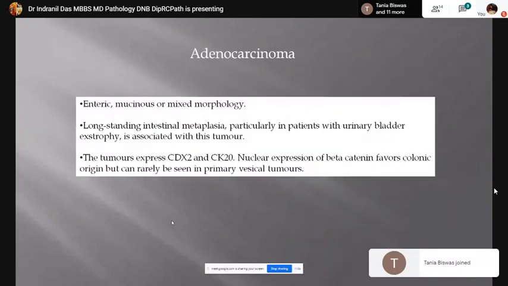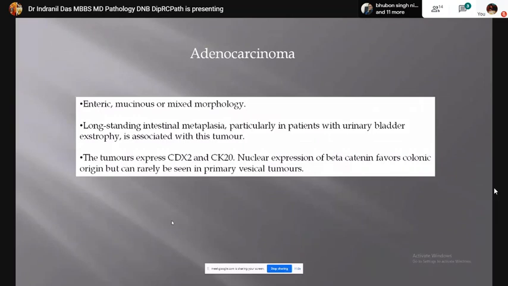Now, adenocarcinoma. The adenocarcinoma may show enteric type morphology or mucinous morphology or mixed enteric and mucinous type morphology. The long-standing intestinal metaplasia, particularly in patients of urinary bladder exstrophy, is associated with this tumor. The tumors express CDX2 and CK20, but nuclear expression of beta-catenin is particularly important because it favors colonic origin, and the nuclear expression of beta-catenin is absent in the primary vesical adenocarcinoma.